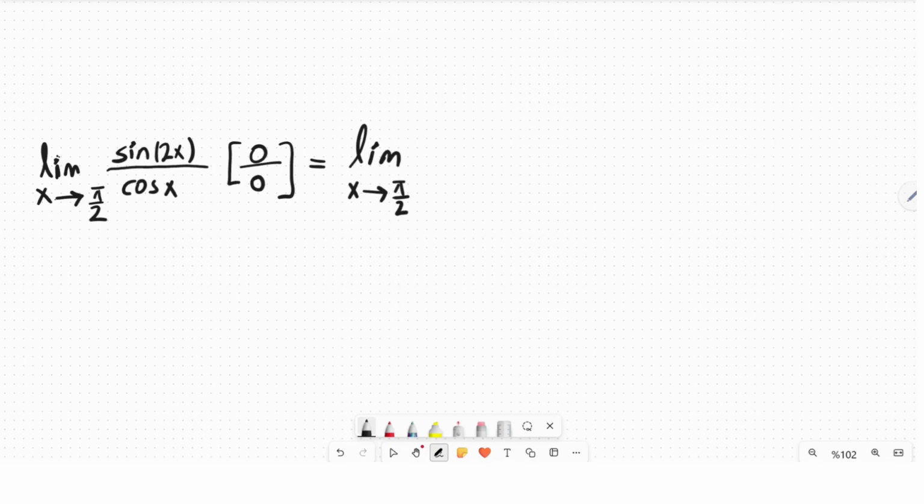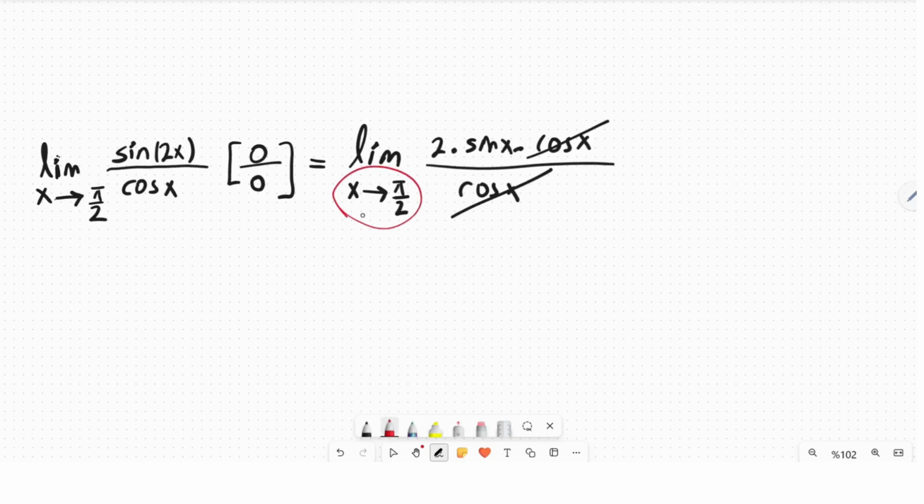Sine of 2x is identical to 2 times sine x times cosine x over cosine x. As you see, we can simplify terms, removing the indeterminate form 0 over 0. And finally, we can substitute x is equal to pi over 2 into this term. We got 1 here. The answer is 2.